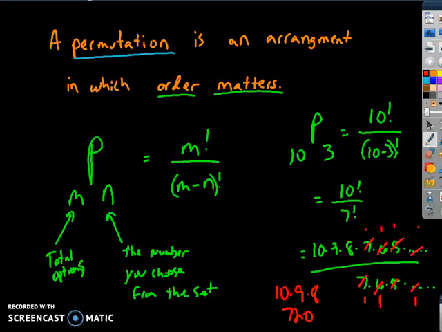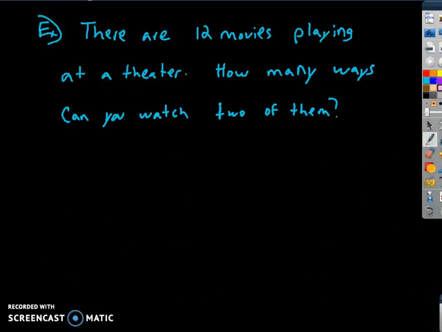All right, moving on. There are 12 movies playing at a theater. How many ways can you watch 2 of them? You're going to watch 2 movies. This is your first movie, and this is your second movie.